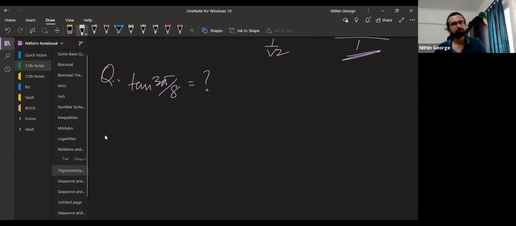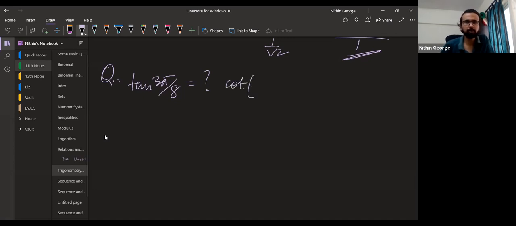What is this? Please find tan 3 pi by 8.